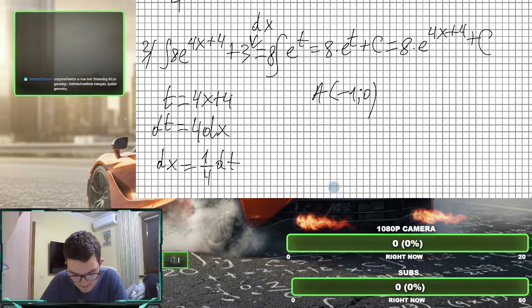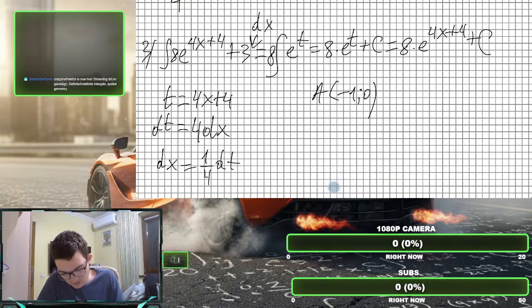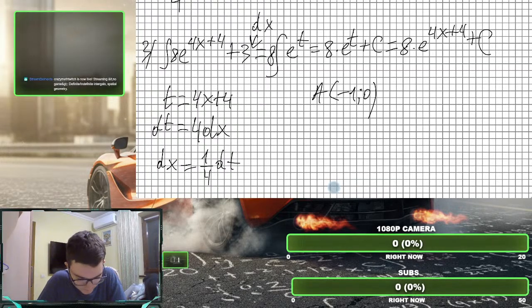Yeah. So now if I try this, basically use the method of substitution.